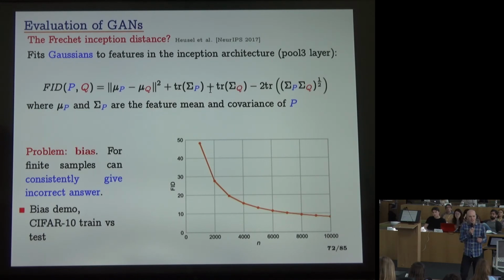The issue is, if I repeat the experiment with the same number of samples, probably I'll get the same ordering. So the issue with the bias is that the ordering, whether 1 is better than 2 or 2 is better than 1, will depend on how many samples I use to compute FID. Let's say I choose 10% of my data for FID, and then I find model 1 is best.